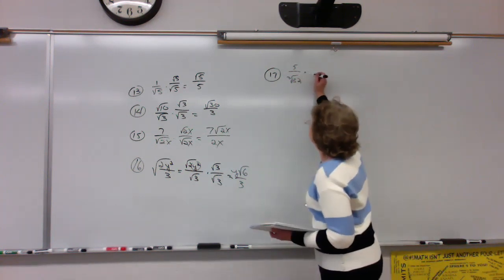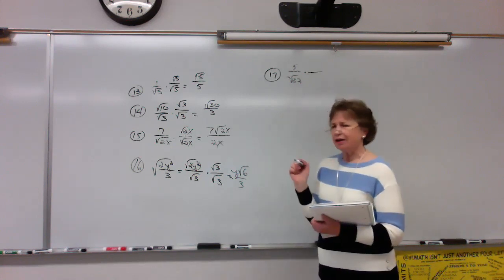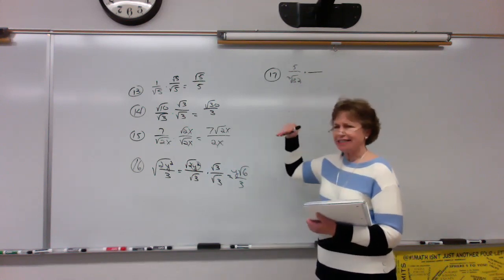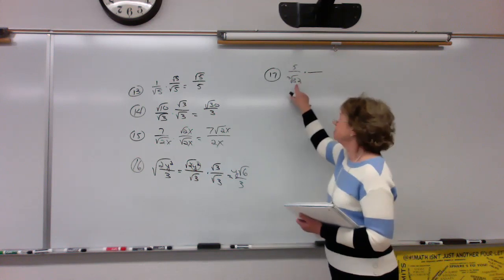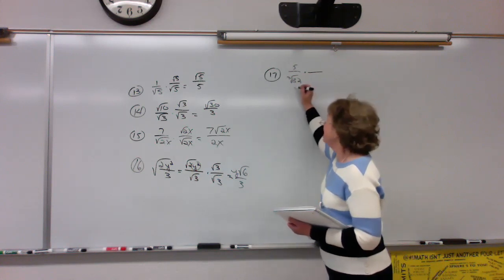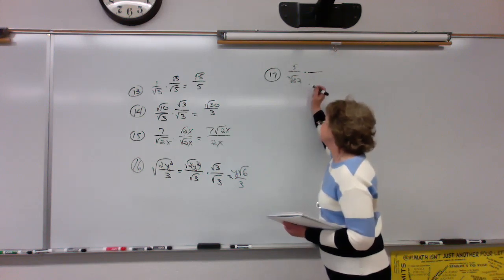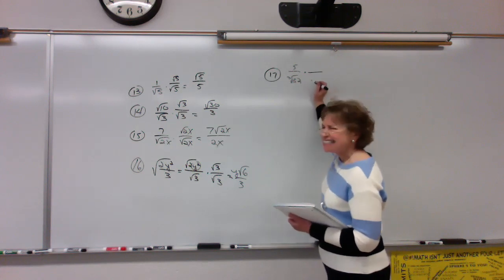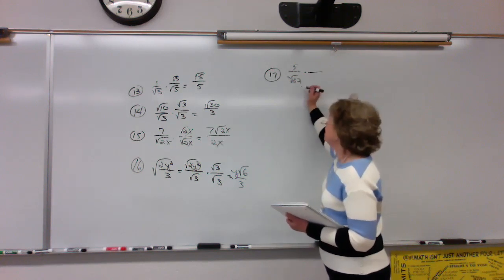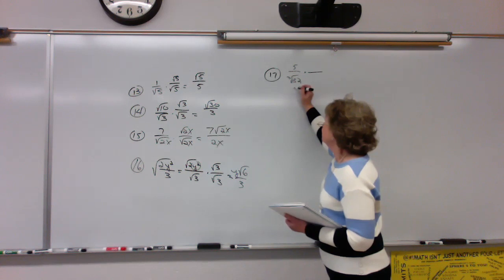What do I need? Because it's a cube root, I don't want to multiply by another cube root of 32 because that might not be a perfect cube either. So what is 32? I could think of that as, well, lots of things really. But if I made it 64, how can I best show you to get there?